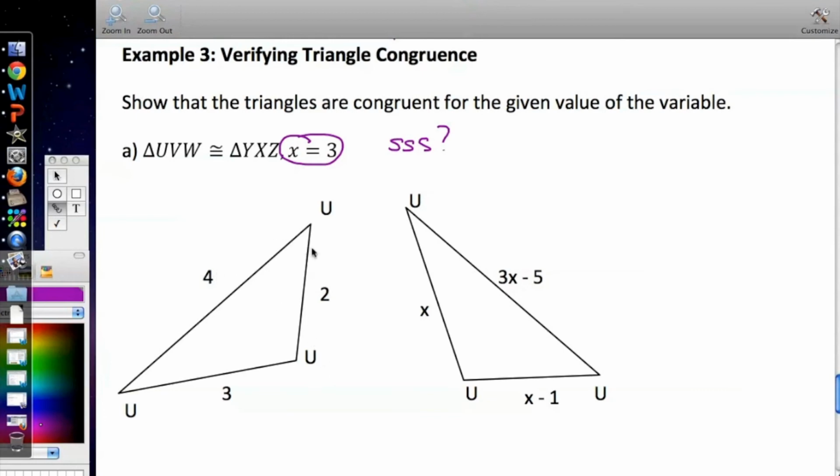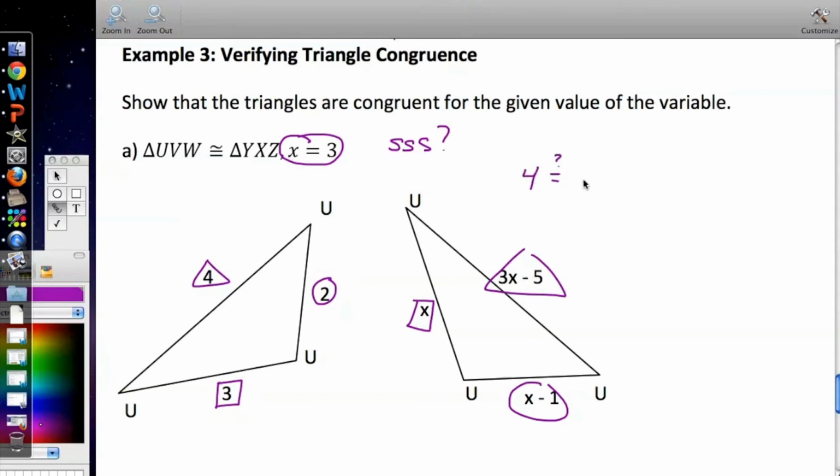Okay? Now, unfortunately, I've marked all of these with U, but that's not correct. So what I'm going to do is this. I need to show that 2 goes with this one. I need to show that 3 goes with this one. And I need to show that 4 goes with this one.